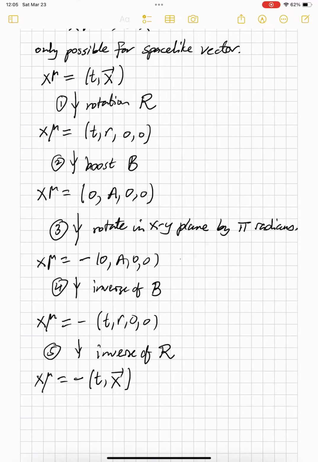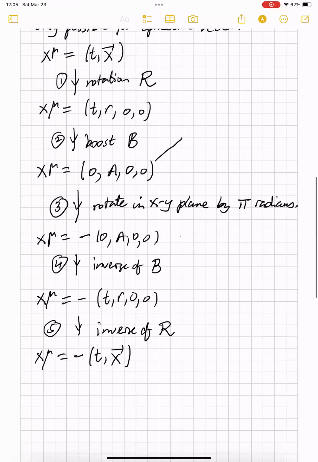Now, why do we have to restrict ourselves to a space-like vector? Well, when you do this construction, one of the things that you should check is, in this step over here, A is equal to the square root of r squared minus t squared. And that's only real if r is greater than t.